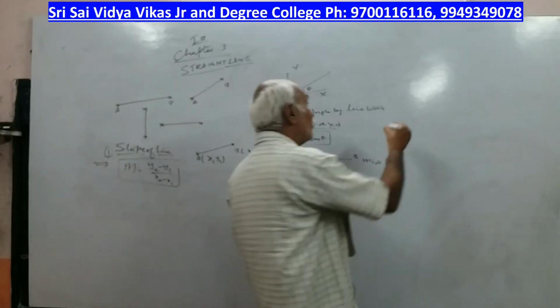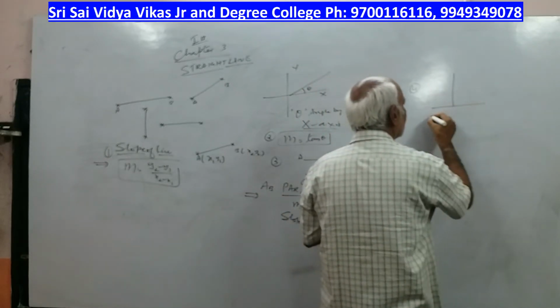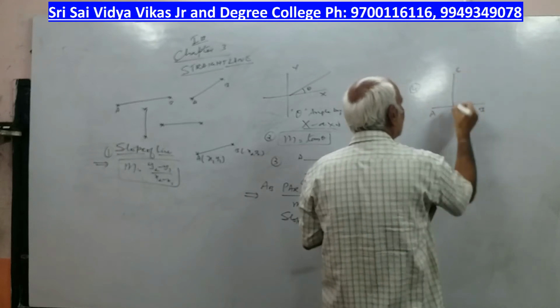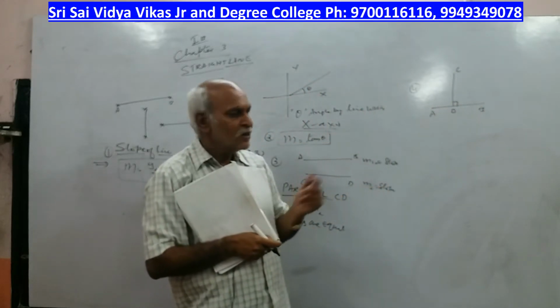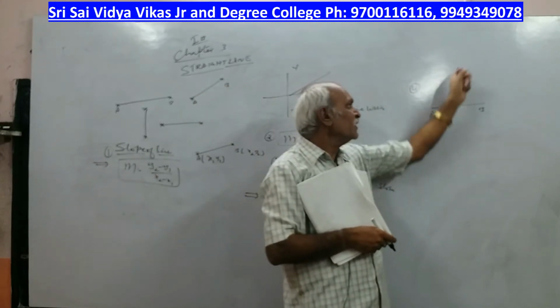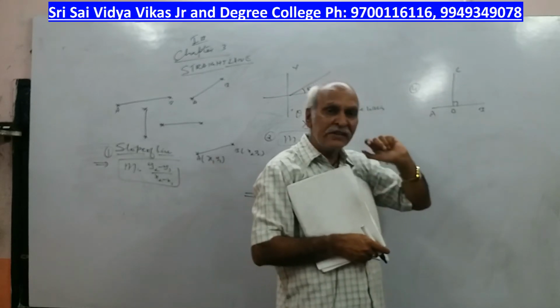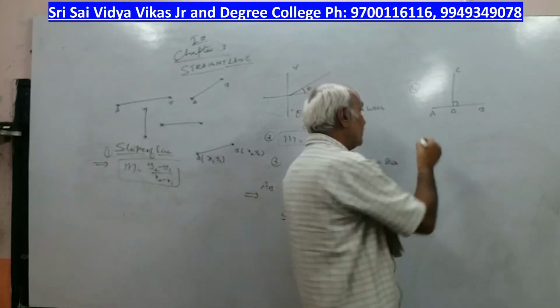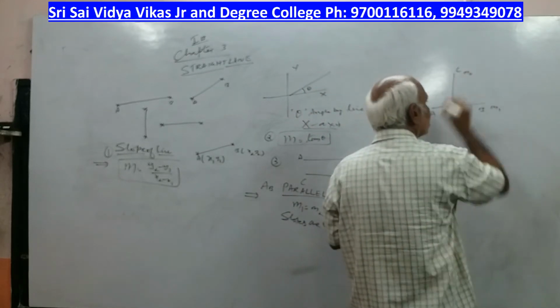Now, fourth point. This is AB, this is CD. AB is perpendicular to CD, or we say CD is perpendicular to AB. For line AB, CD is perpendicular, which means it is making an angle of 90 degrees. The slope of AB is M1, the slope of CD is M2.